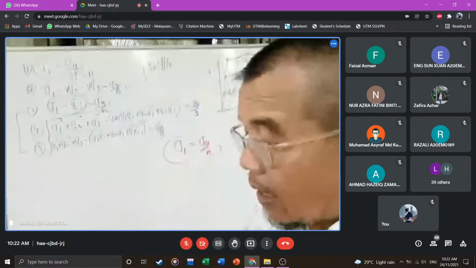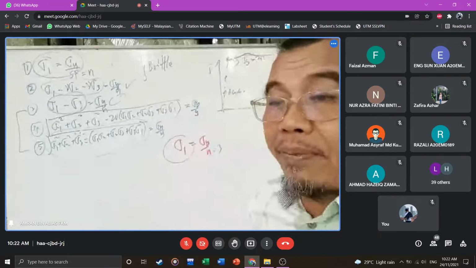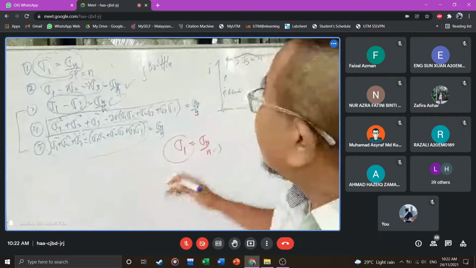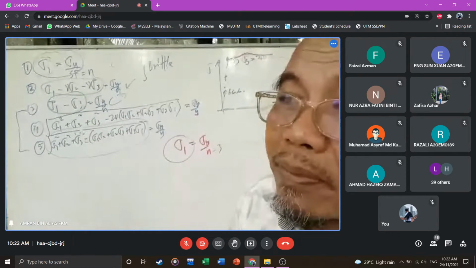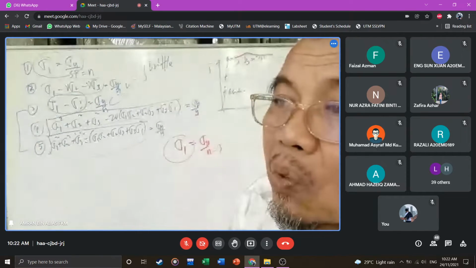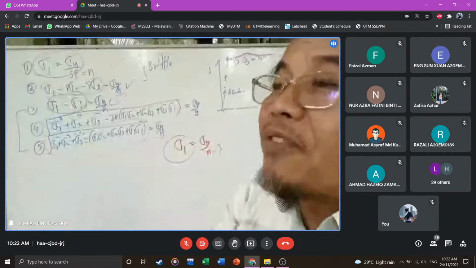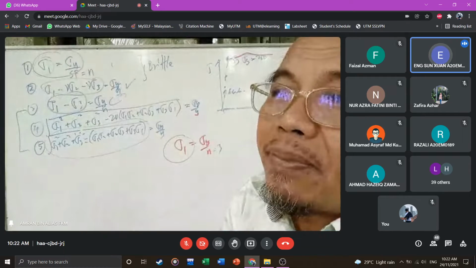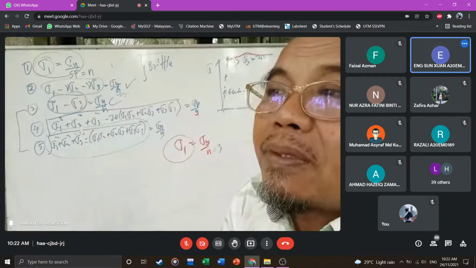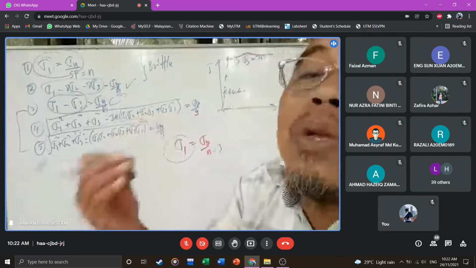Okay, now another question. If you want to design something, we set the safety factor, or after we finish, we calculate the safety factor. Exactly. So what is the safety factor that we set?